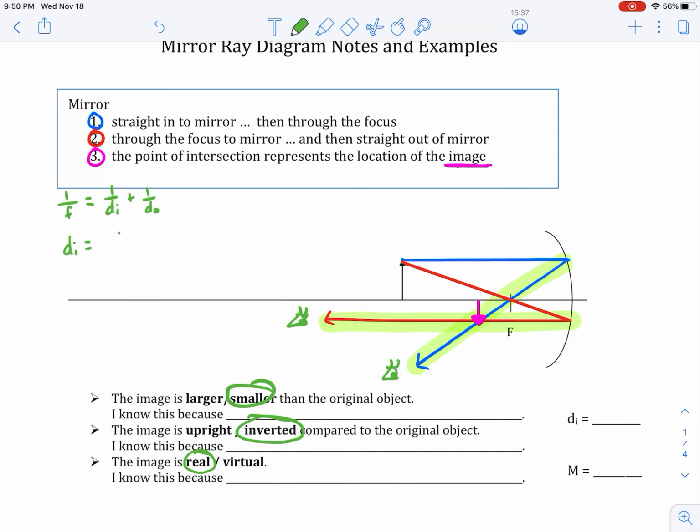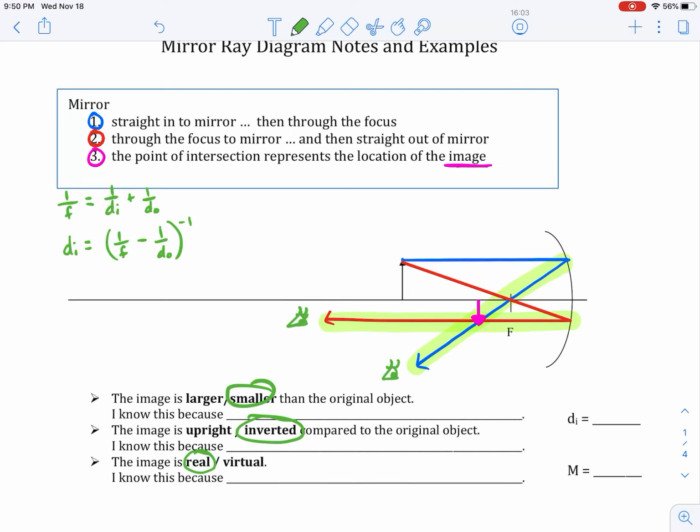So we are going to rearrange this equation so that we solve for the distance to the image. So this is going to be 1 over f minus 1 over do. And then remember, everything is 1 over. So once we do that subtraction, we're going to then invert our answer to find out what our di equals.